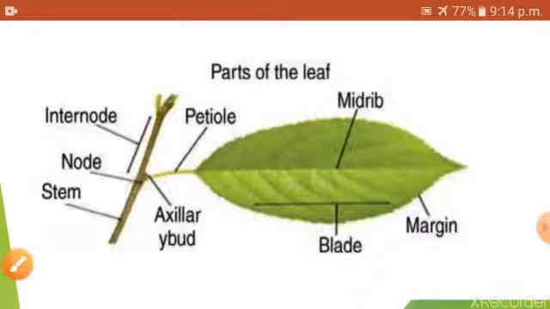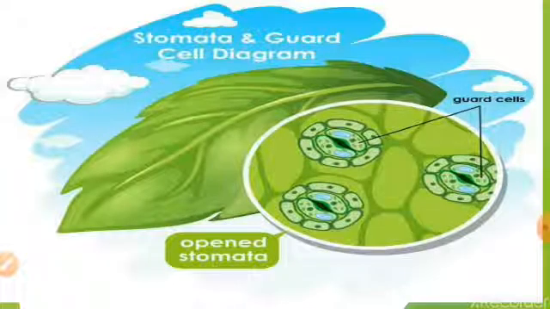Yes, the green color of the leaf is due to the presence of green colored pigment called chlorophyll. And do you know, on the lower side of the leaf there are tiny pores or openings called stomata. I hope you have understood about the parts of leaf.